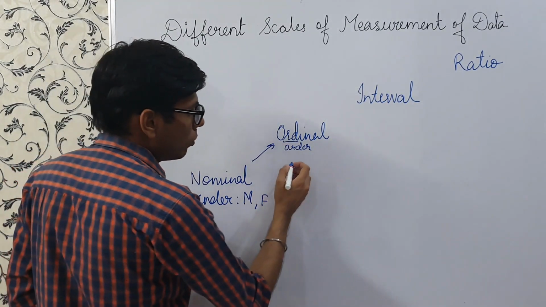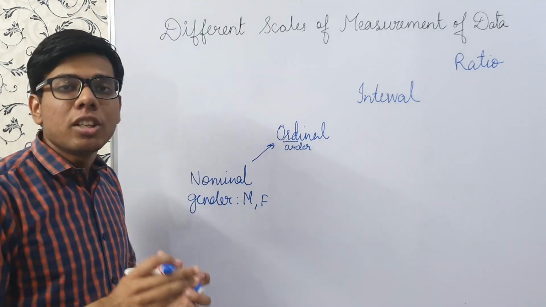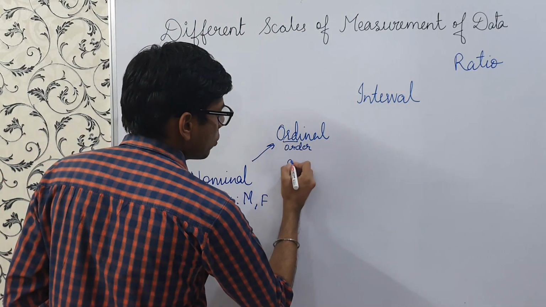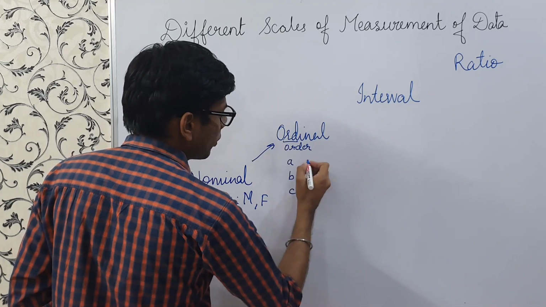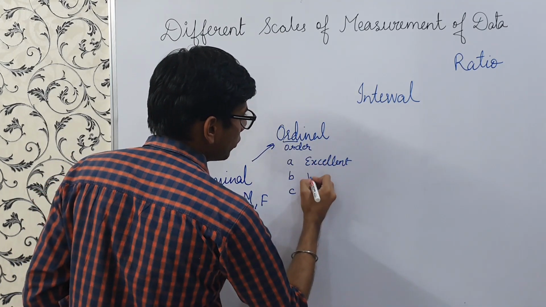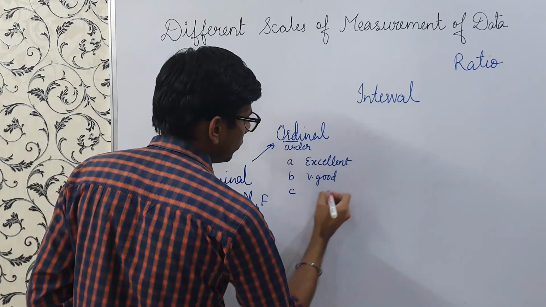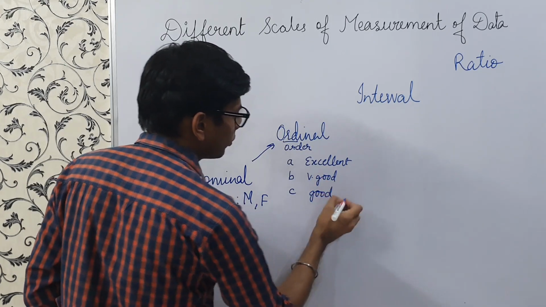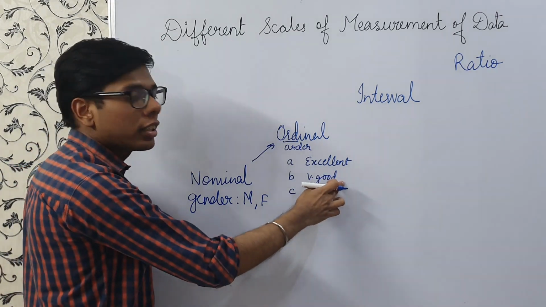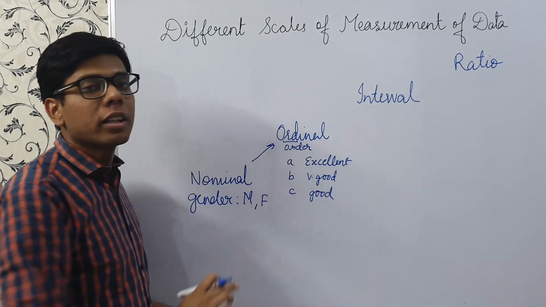Suppose in a classroom, we measure the intelligence of a student. That's our variable. Suppose there are three students, A, B, C. A is excellent, B is very good, and C is good. Here we know that excellent is a better category than very good, and very good is a better category than good.